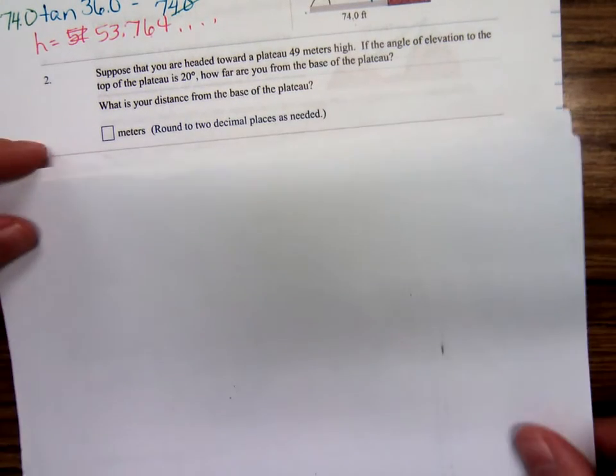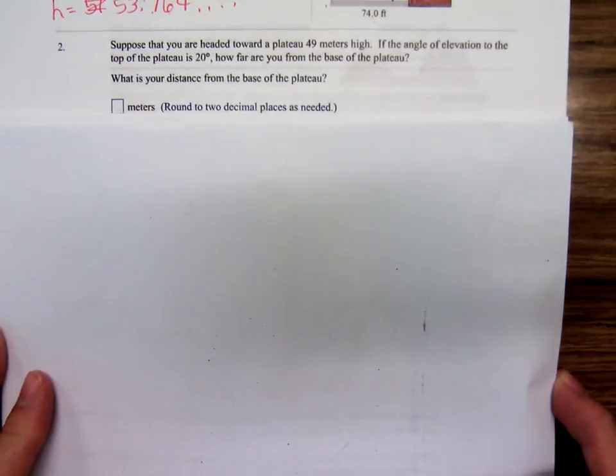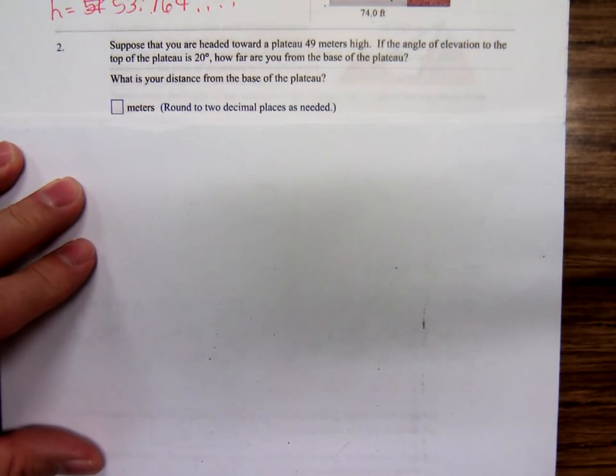Okay? Let me see if I can find one where the picture's not already drawn for us. Well, the very next one. Problem number 2. Problem 2 says, suppose that you're headed toward a plateau 49 meters high.